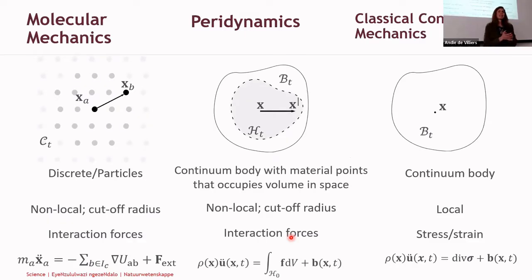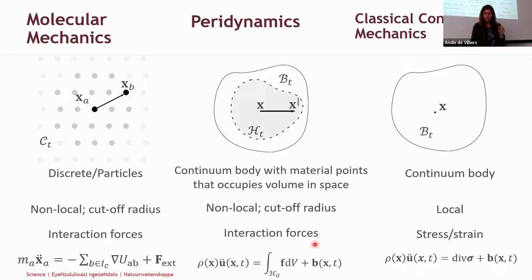Okay, so peridynamics is a continuum body, but the body is divided into material points that occupy space in volume. So it's a non-local framework in that the material points within a neighborhood influence the point you are looking at.